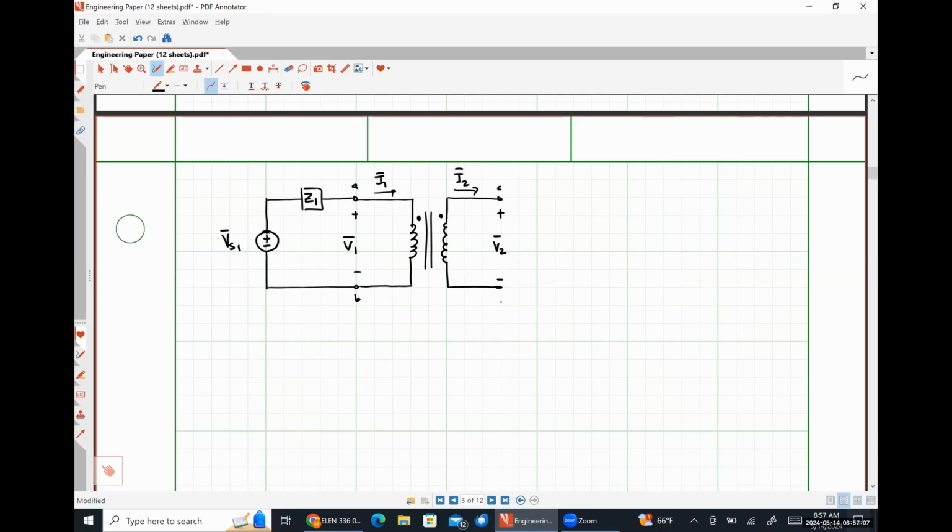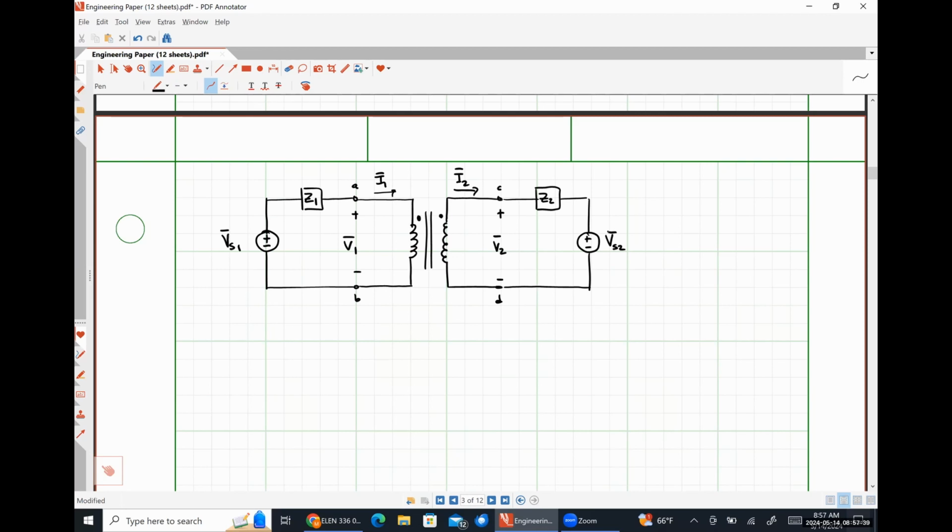Let's call this terminal C and D. And then we have some secondary impedance, Z2, and then a second excitation voltage, VS2, like so.